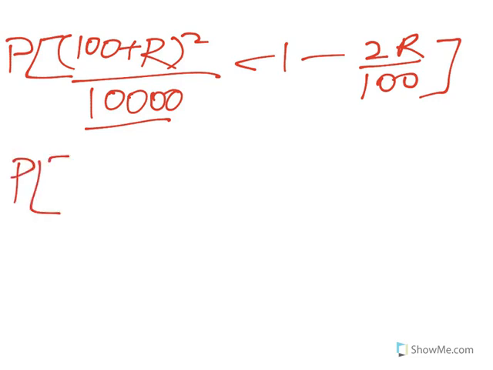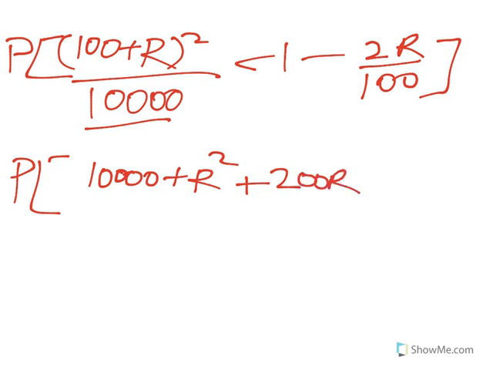But now what I'm going to do is expand the top. So 100 plus R whole square. I know that a plus b whole square is a square plus b square plus 2ab. So I'm just going to do that here. 100 square plus r square, and 2ab is just going to be 200r by 10,000.